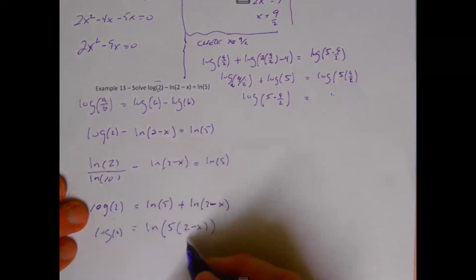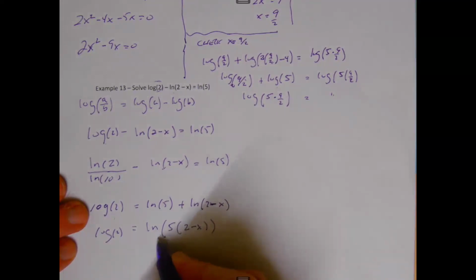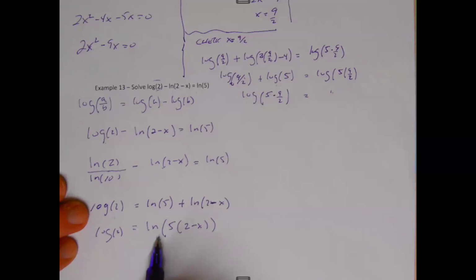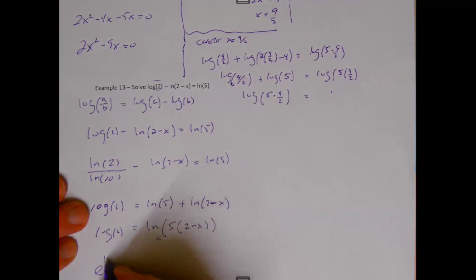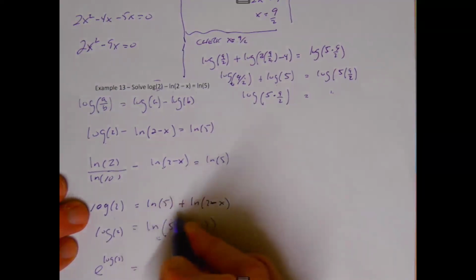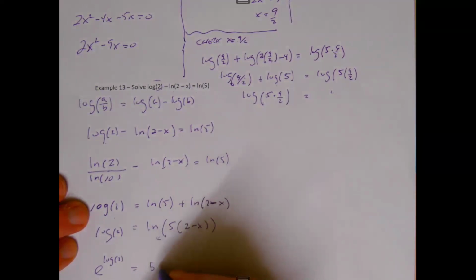So I can write this in exponential form as, remember, this is base E. This is base E right here. So I can take e raised to this value, and then this equals what's inside the log, and here's what's inside the log.